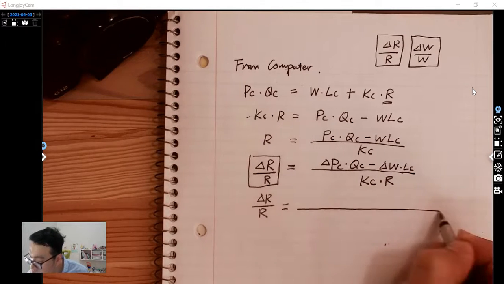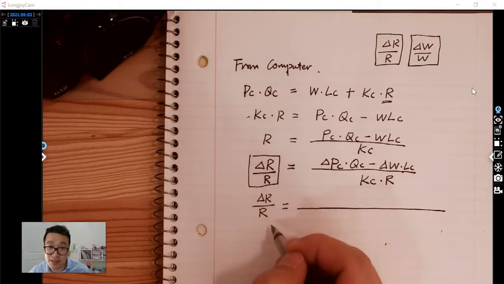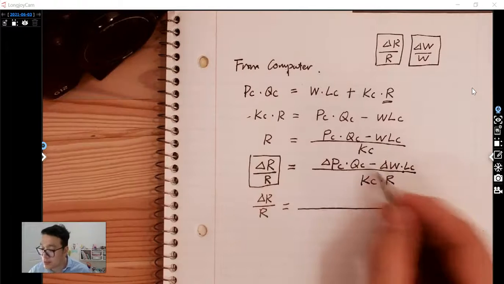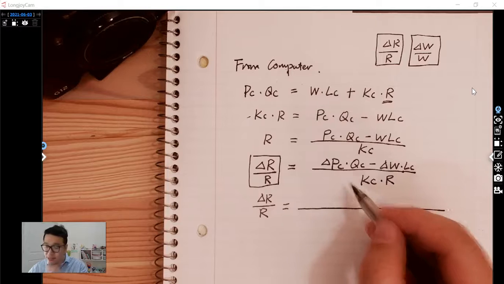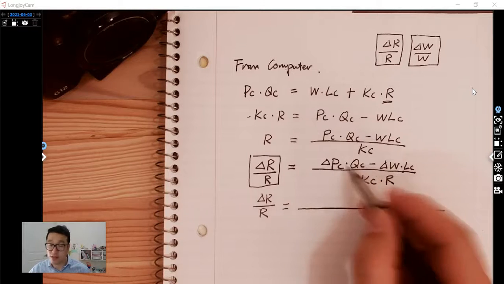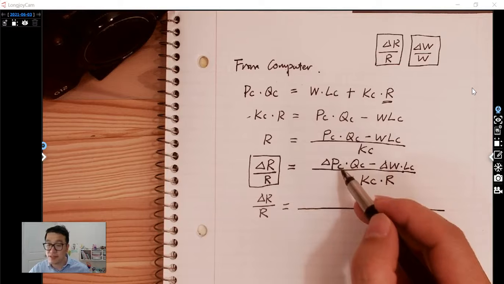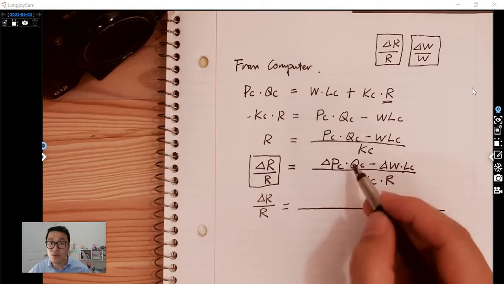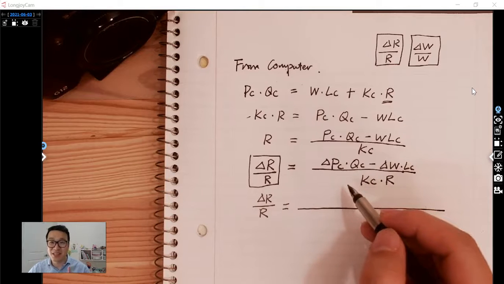We copy the left hand side because this is something we want to track. Now the right hand side: we don't know the change in PC times the quantity of C, because we only know delta PC over PC. We don't know delta PC itself. So what should we do with this part? Here's another tricky part.